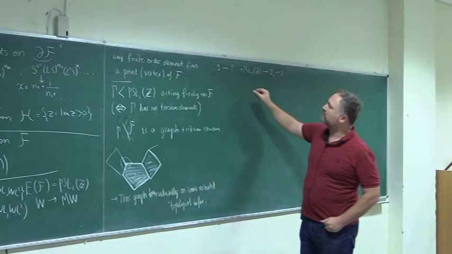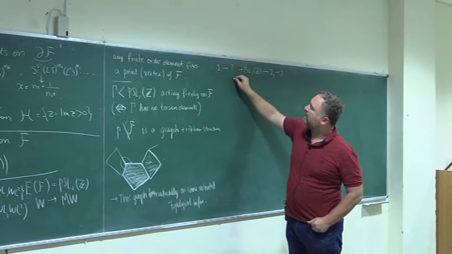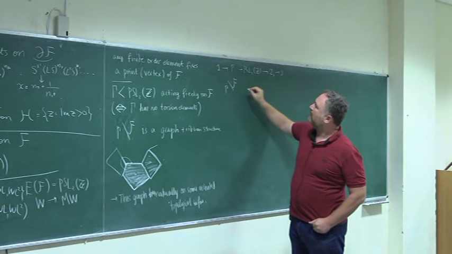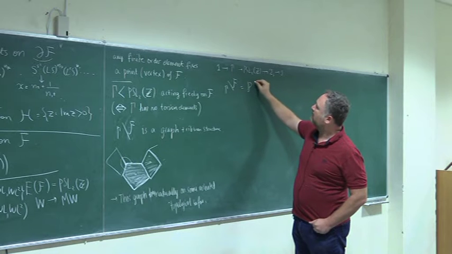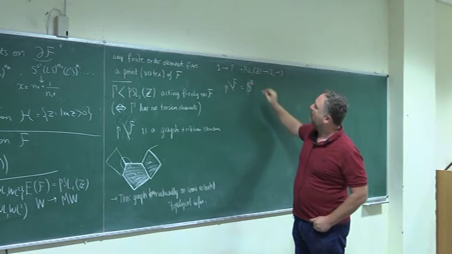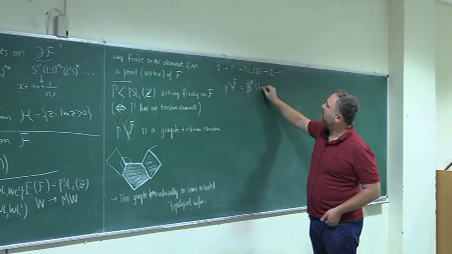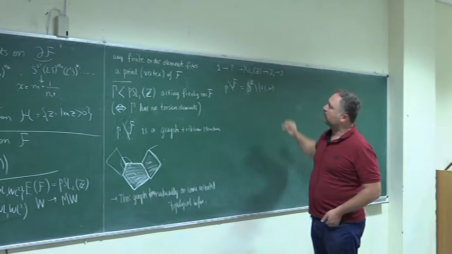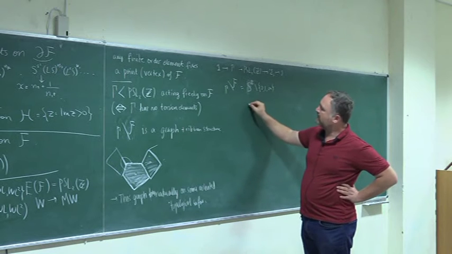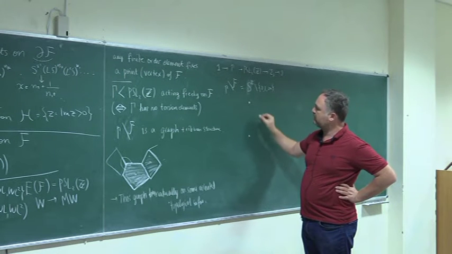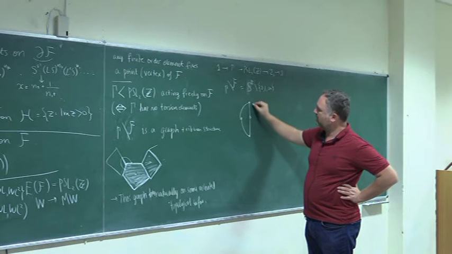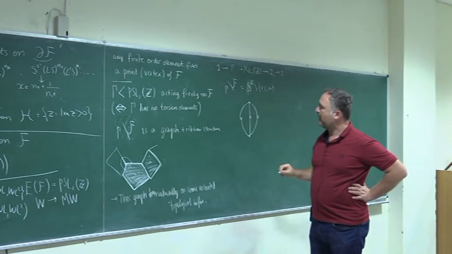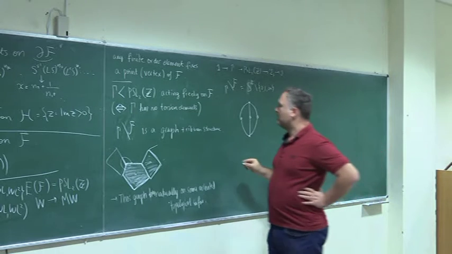And if this is gamma, then the quotient surface is the topological P1C, or let's just write S2, minus 3 points. So if we only look at the graph, it looks like this. I'm going to have 2 points of this type and 3 vertices of this type. And the gluing procedure is like this.